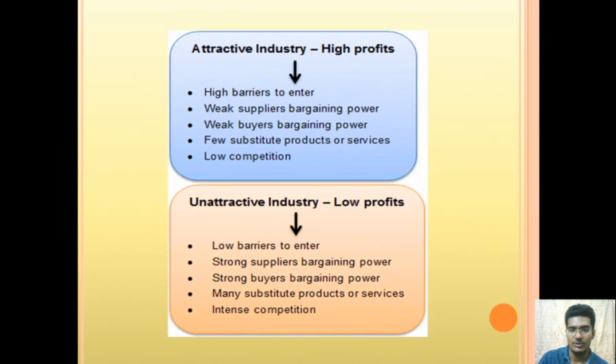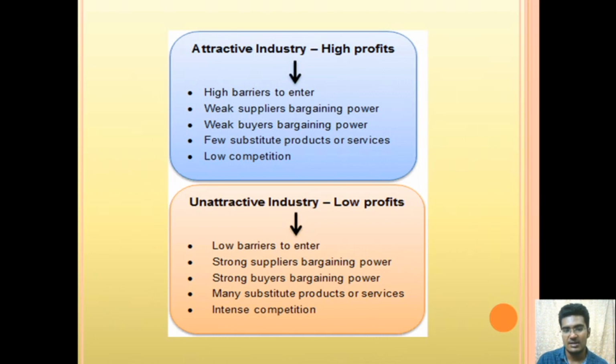Few substitutes to the products. As I said, if it is a monopolistic product, for example Coke, Pepsi, the price they fix becomes the price for the particular product. Low competition. If they are monopolistic, or if they have low competition, the price that's been fixed will be the price for the buyers.